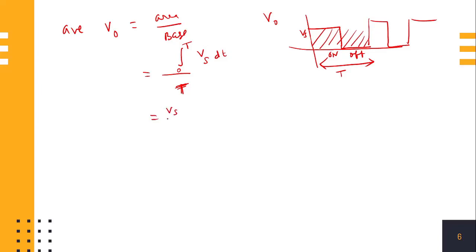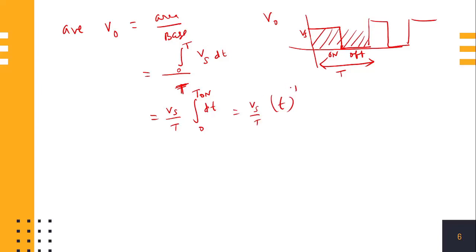So Vs we can take out. The limit of the integration reduces to 0 to T on, dt, since the waveform is present only up to the T on period. So Vs by T, integral dt.